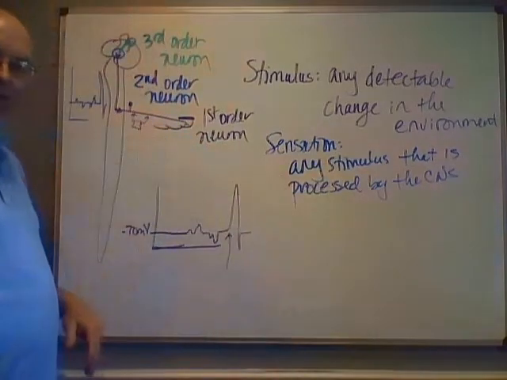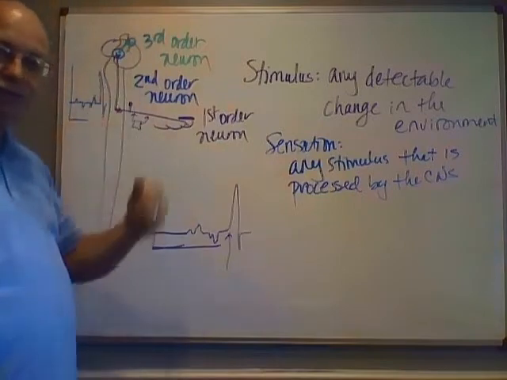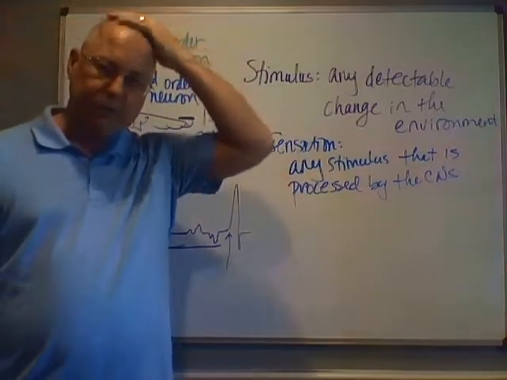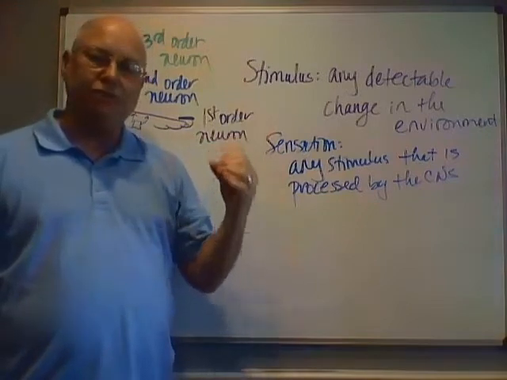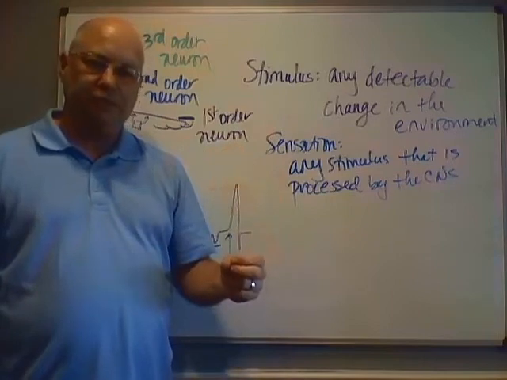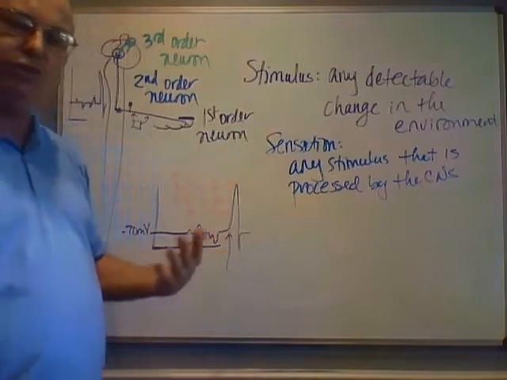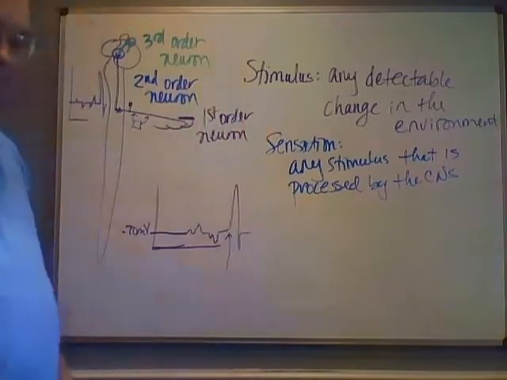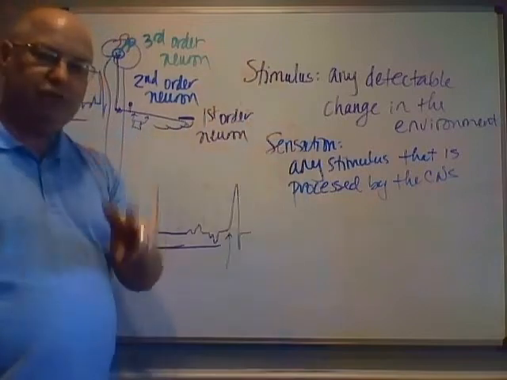so that we can pay attention to important information. If the third order neuron fires an action potential and we become consciously aware, then that's the definition of perception. Perception is the conscious awareness of a sensation. If we're not aware of it, it hasn't reached our perception. So there's 3 definitions you need to know, and on 2 of them you need to know 2 variations.